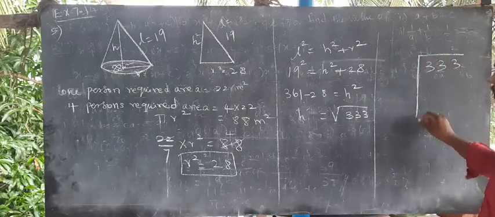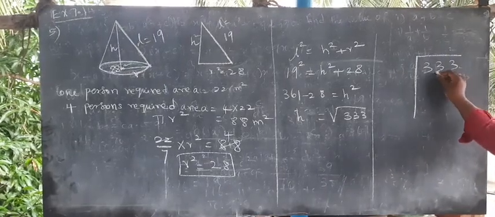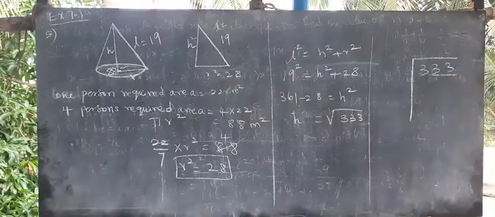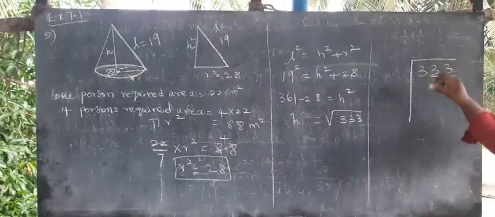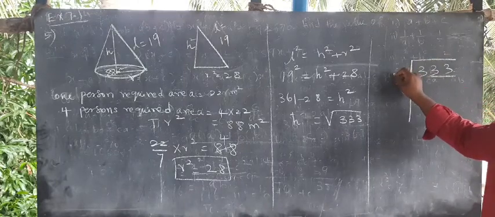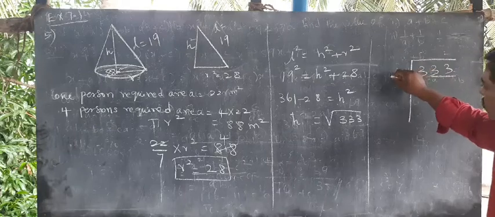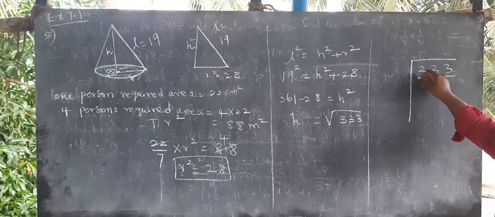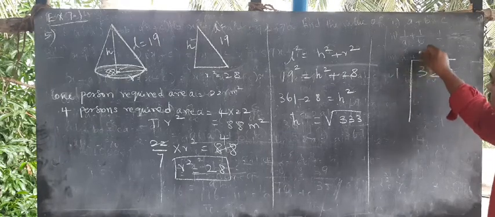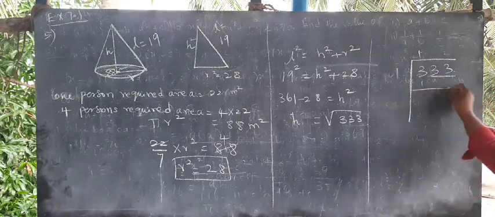How do we find the square root? From the last digit onward we have to take pairs, 2 numbers at a time. So this is one pair, and remaining only one number. So here, whatever number you put, the same number we need to put here. Suppose 2 twos are 4, we are getting. So the number is 1, because 1 ones are 1. Remaining is 2.